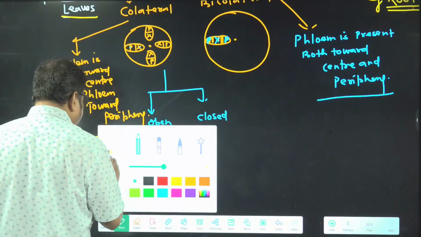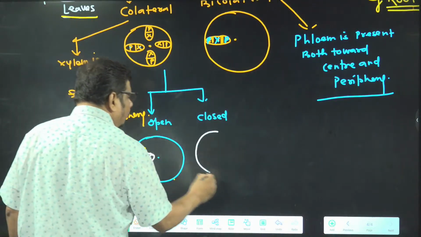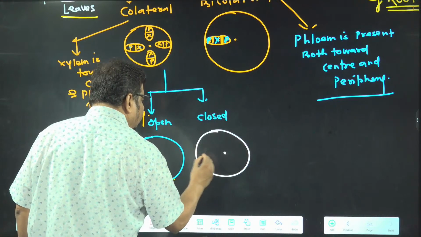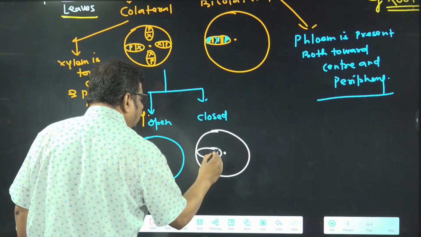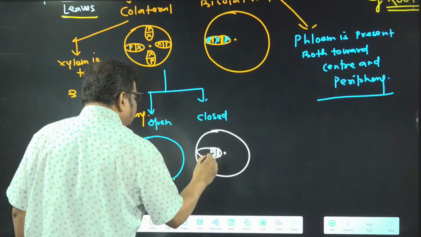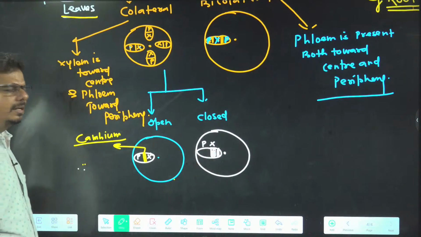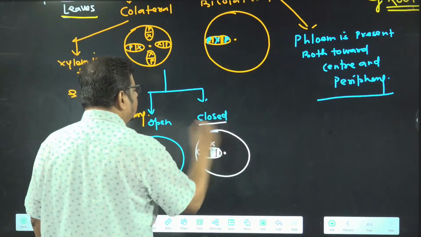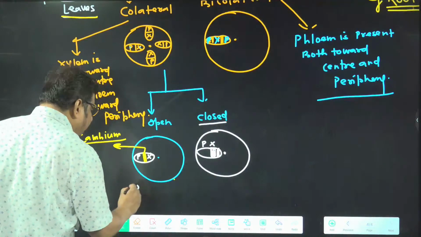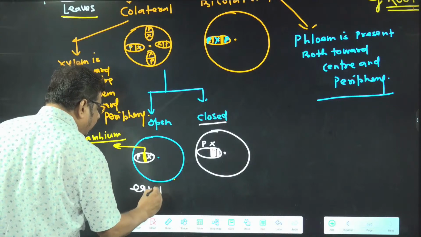And when in between xylem and phloem, here it is xylem, and you think like this is phloem, in between xylem and phloem, who is not there? Cambium is not there. That is called closed. So open is present in which one? Dicot stem.